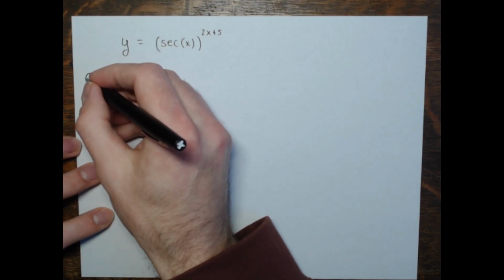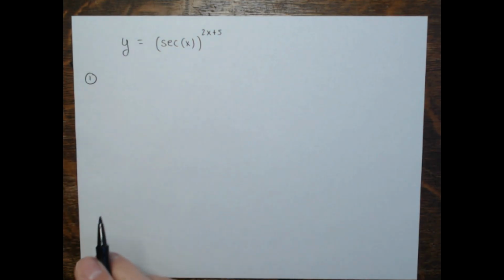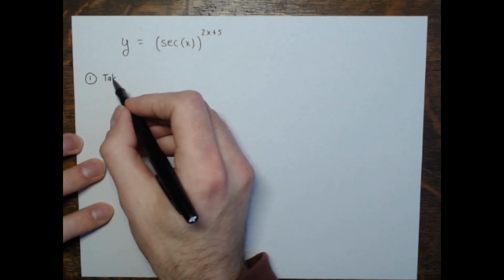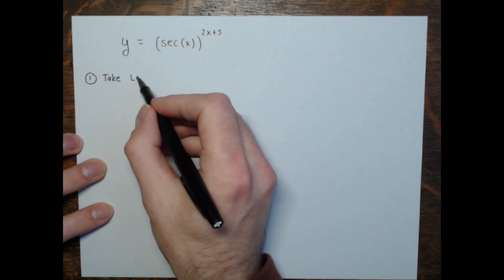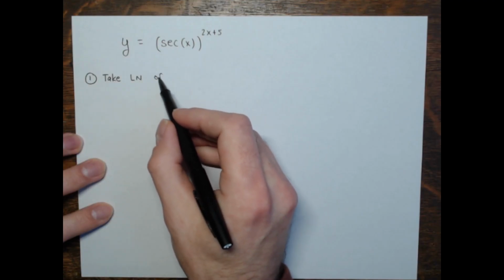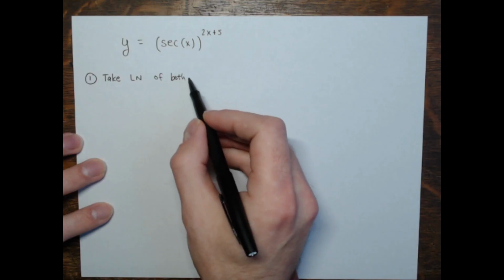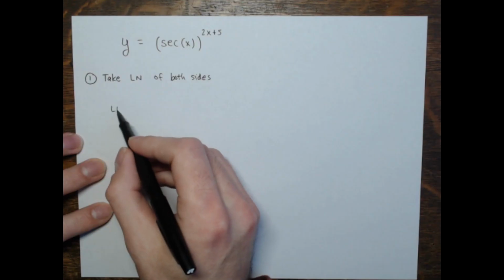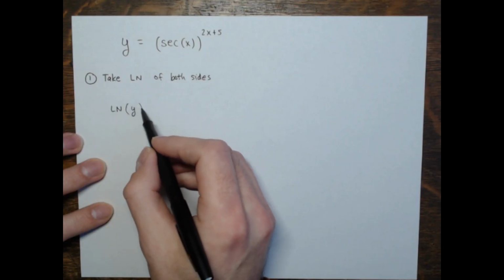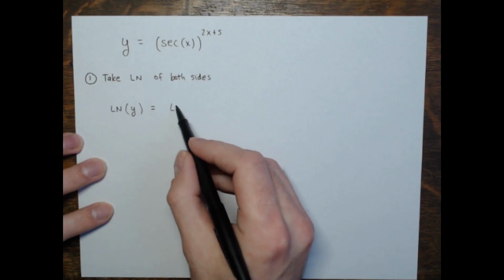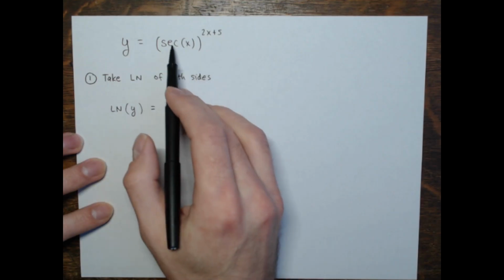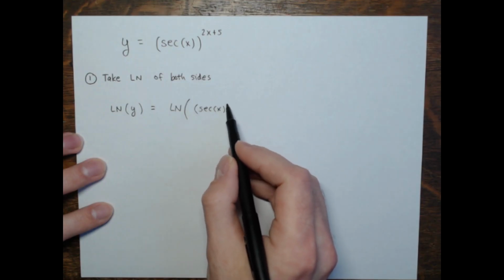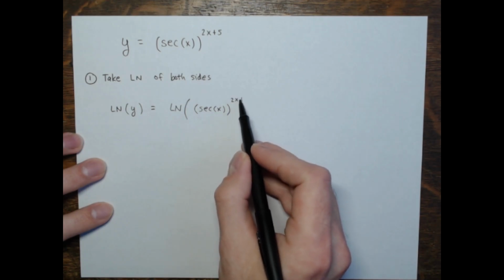For this logarithmic differentiation, the first step is to take the natural logarithm, log base e, of both sides. So the left side is the natural log of y, equals the right side, the natural log of secant of x raised to the 2x plus 5 power.